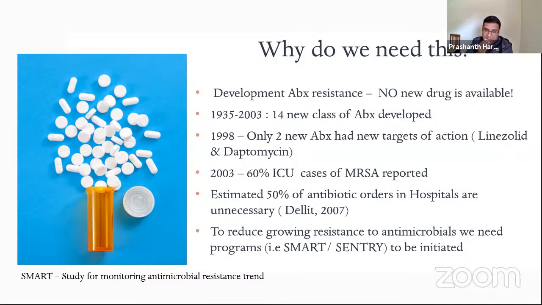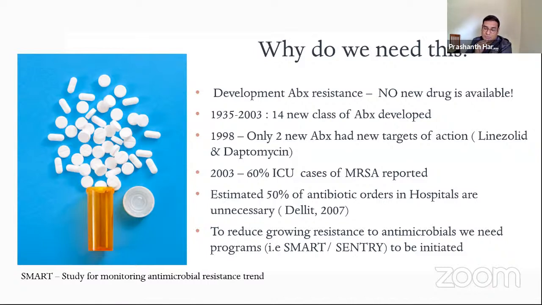If you look at the timeline, from 1935 to 2003, there were only 14 new classes of antibiotics developed. And 1998 was the last year in which only 2 new antibiotics were developed that had 2 new independent targets, not trying to piggyback on the previous generation ones.